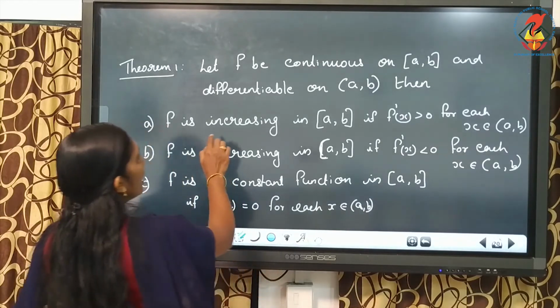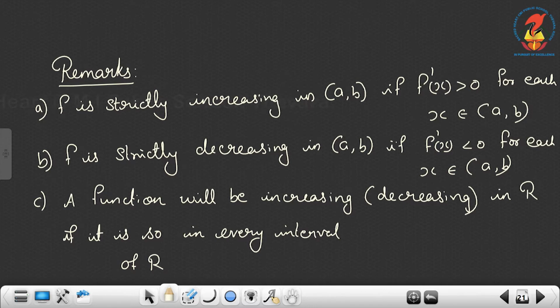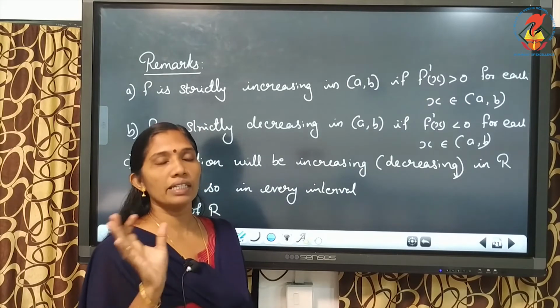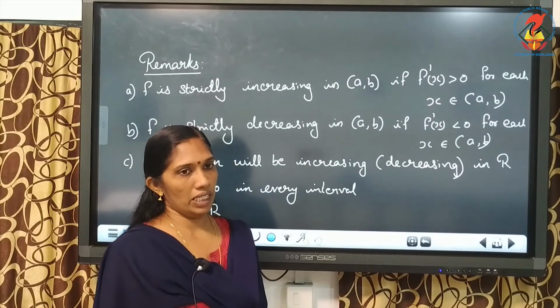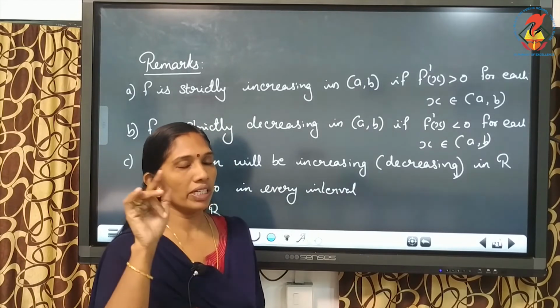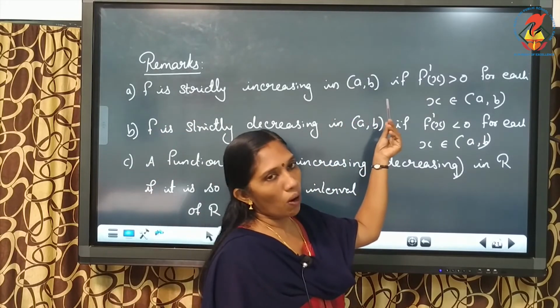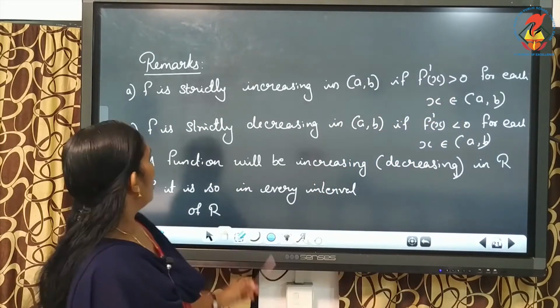Now here we have only increasing and decreasing; then there are remarks also, for strictly increasing and strictly decreasing. So f is strictly increasing in ab, here it is not closed. When we write strictly increasing or strictly decreasing, you have to always write an open interval, and for increasing and decreasing we write a closed interval. So strictly increasing in open interval ab if f dash x is greater than 0.